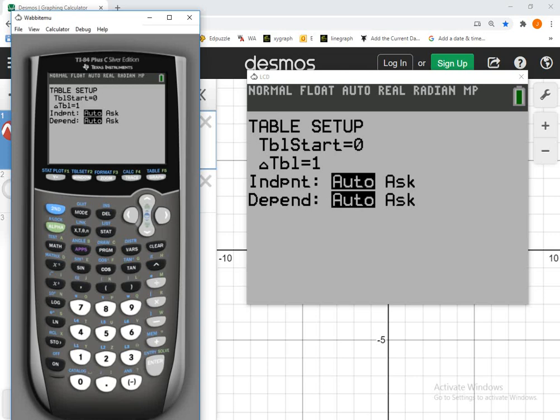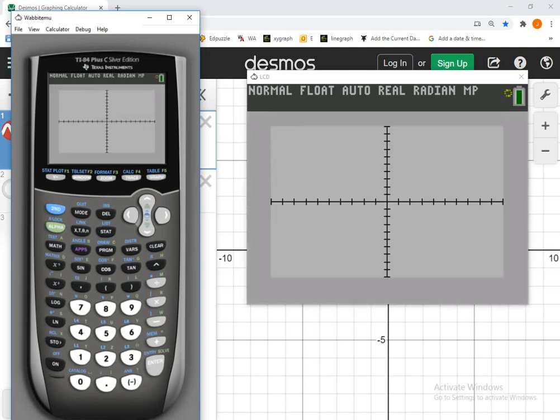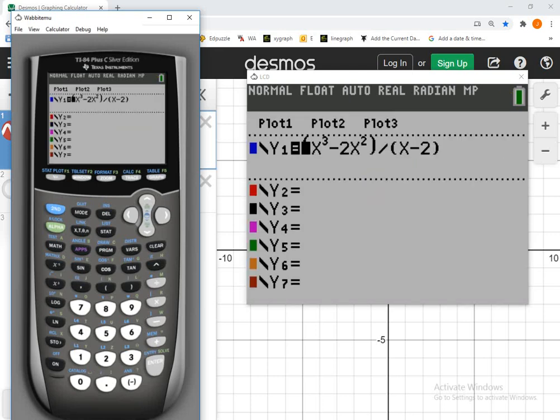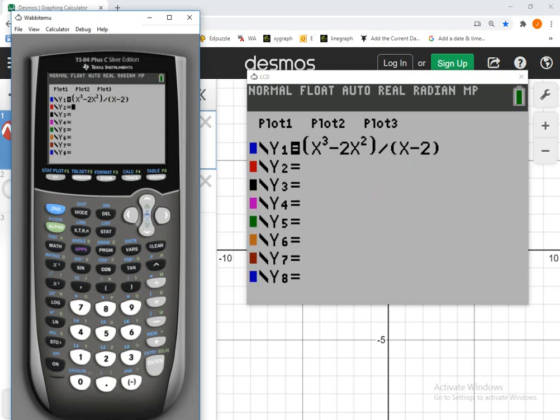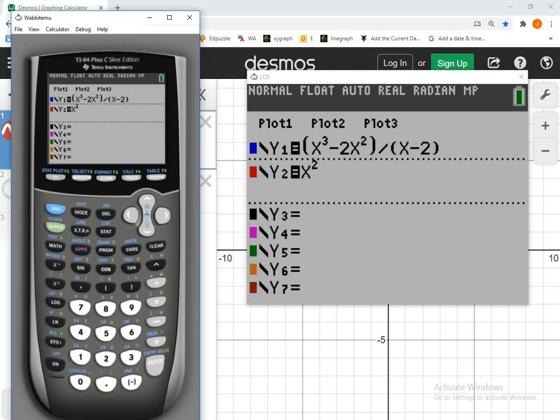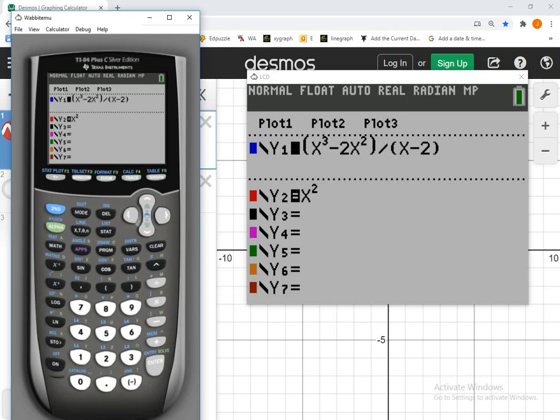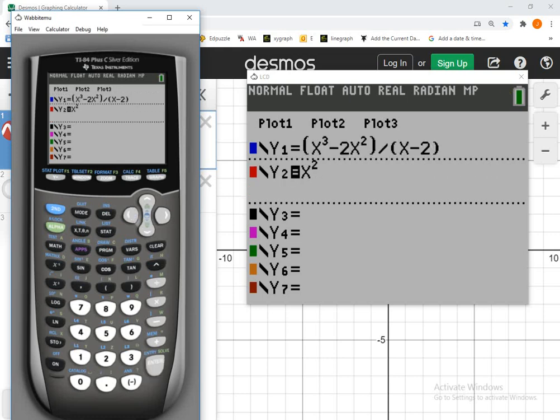So when you graph it, obviously, it's going to take a little bit of time because it's evaluating. If I were to graph that compared to just x squared, x squared is going to graph very fast. So let's compare these times. Did you guys know you can highlight the equal signs and it will only graph the ones that are highlighted?